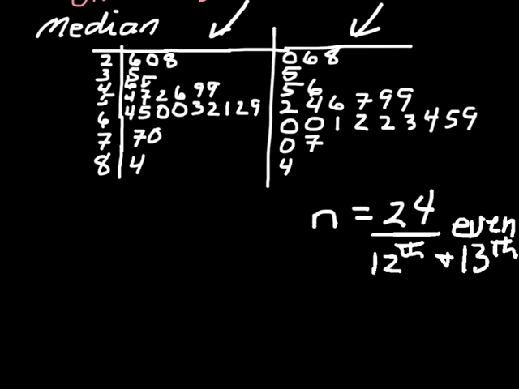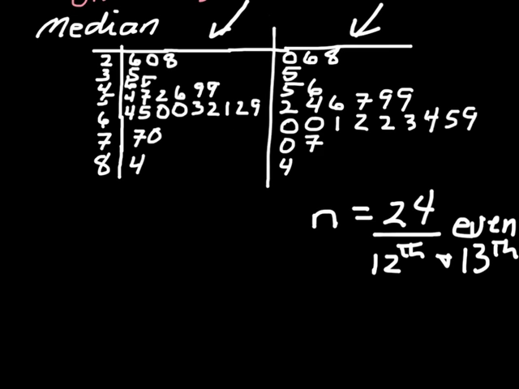So I am going to proceed to count. 1, 2, 3, 4, 5, 6, 7, 8, 9, 10, 11, 12 is 59, and 13 is 60. Okay?